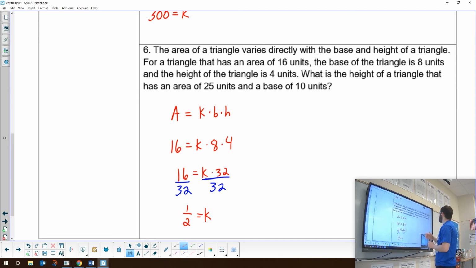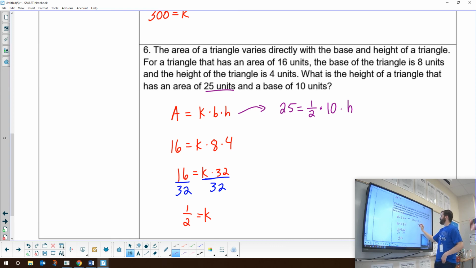So then, what is the height of a triangle that has an area of 25 units and a base of 10 units? We can plug in my 1/2. My new area is 25 units. So we can go 25 equals, my k is 1/2 times my base is 10, and we're looking for the height.